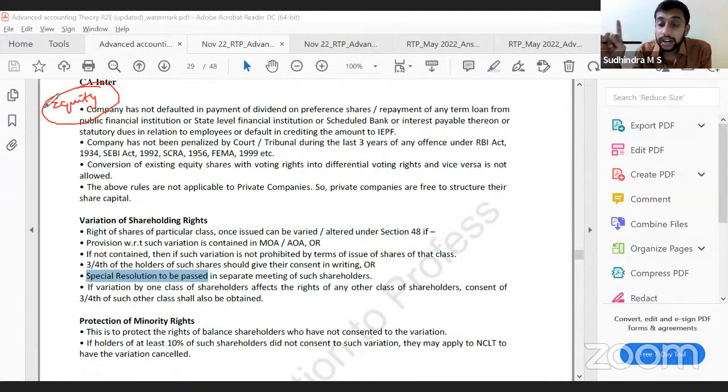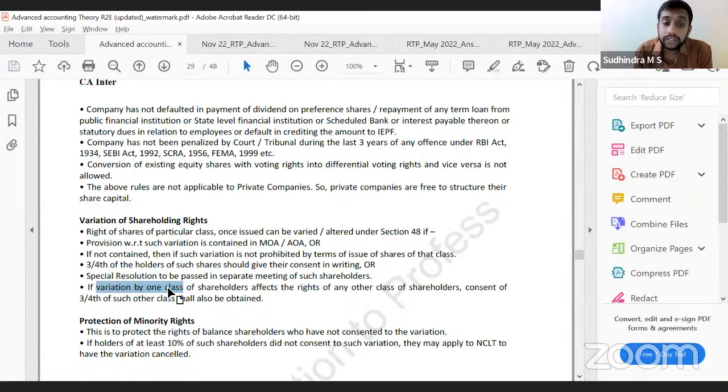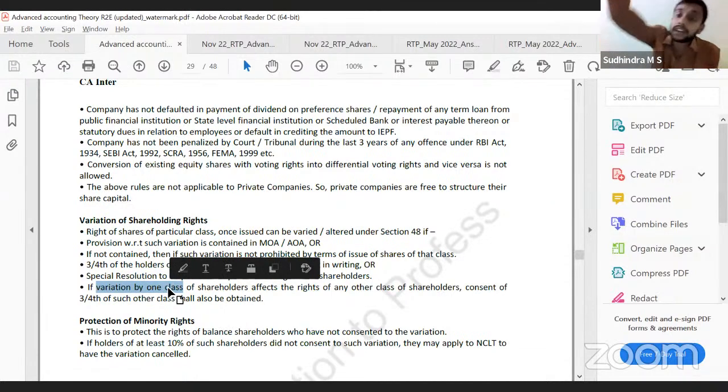I'm not calling the general meeting of all the members; I'm only calling the meeting of these shareholders. In this shareholders' meeting, you pass a special resolution. Or if it is not possible to call the meeting, you obtain three-fourths of the shareholders' consent in writing. If they give written consent, then you can alter the shares. Is that clear? Now, if alteration of one class of shares affects another class of shareholders, then you have to obtain three-fourths approval of that other class also.